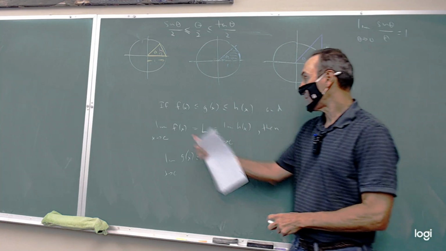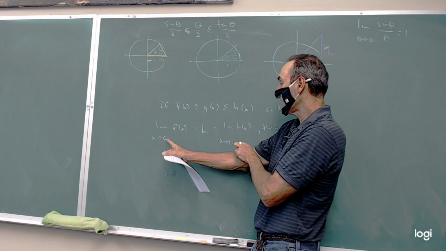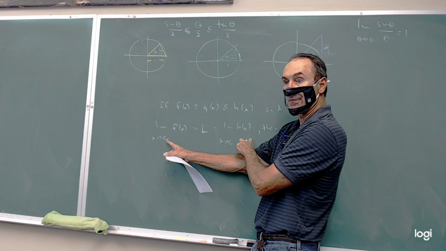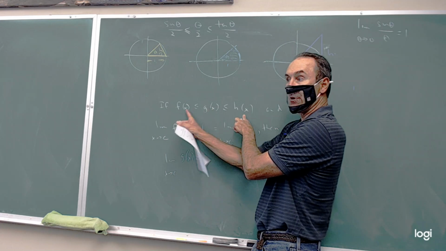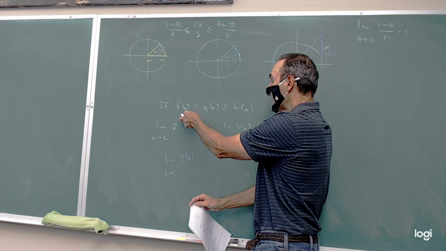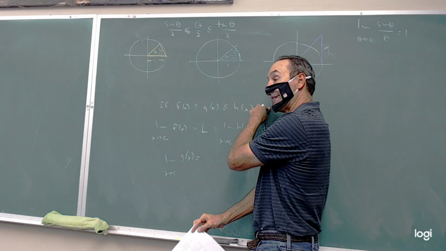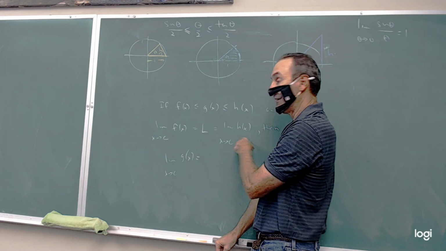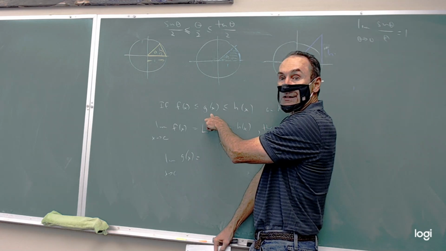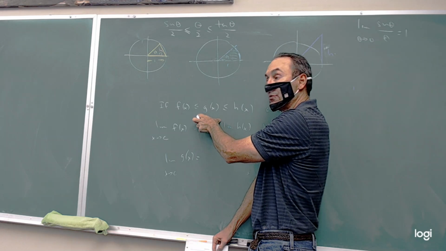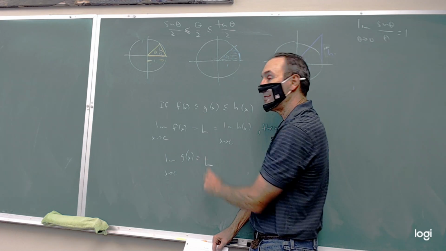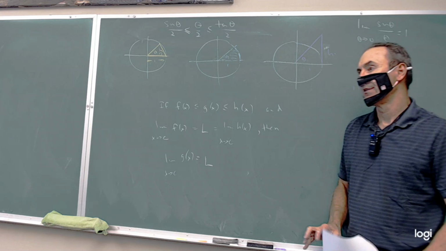Whatever's happening on the left and right, as we get closer and closer to c, this relationship always holds, but this one's getting closer and closer to L, and that one's getting closer and closer to L. If g is going to maintain its position in between those two, it gets forced to being L as well. Does that make sense?